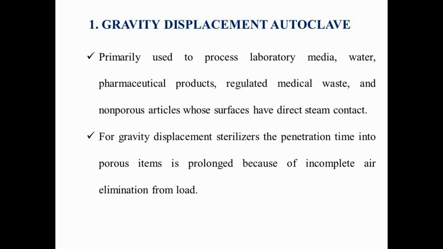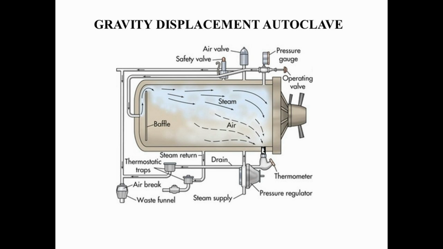This type of autoclave is used to process laboratory media, water, pharmaceutical products, regulated medical waste, and non-porous articles whose surfaces have direct steam contact. In a gravity displacement autoclave, when the steam enters the sterilizer chamber, it displaces the residual air through an open vent.